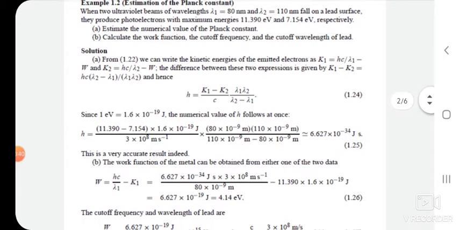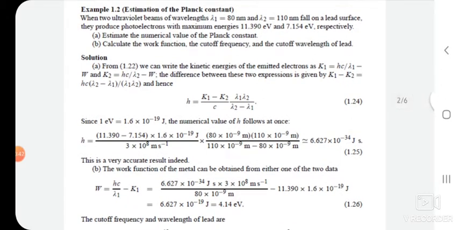First problem is estimation of the Planck's constant. Two ultraviolet beams of wavelength lambda 1 equal to 80 nanometer and lambda 2 equal to 110 nanometer fall on a lead surface.